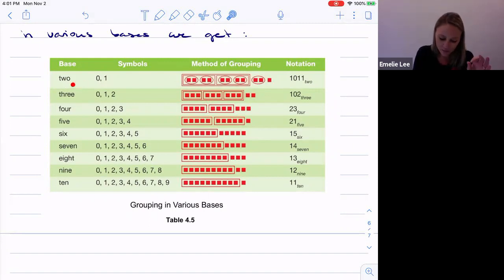Notice that for base 2, you only have 2 symbols, 0 and 1, which later on we're going to talk about as if they're on-off switches, which is what they are. 0 is off, 1 is on. It switches back and forth as you move in by groups of 2. Instead of 0 through 9, we only have 0 and 1, and then we cycle back over.